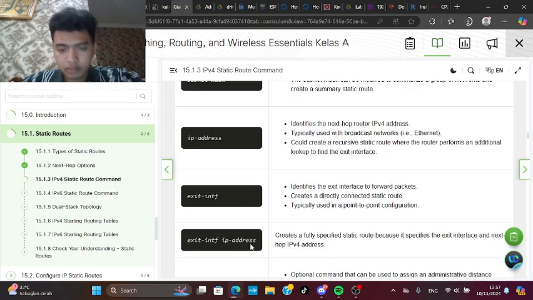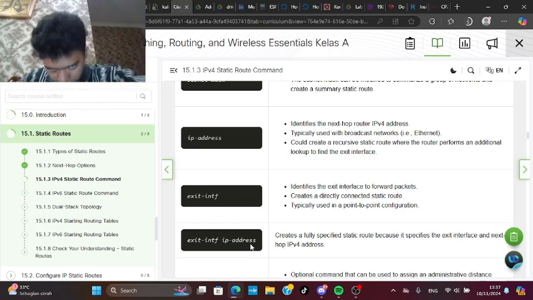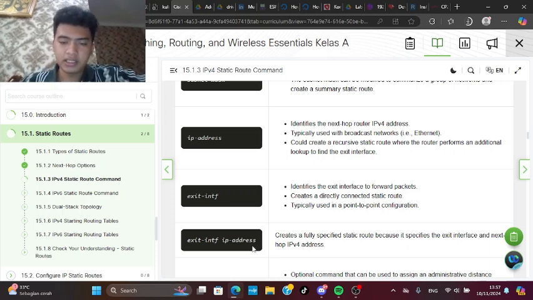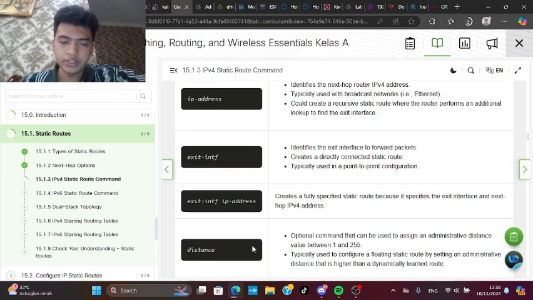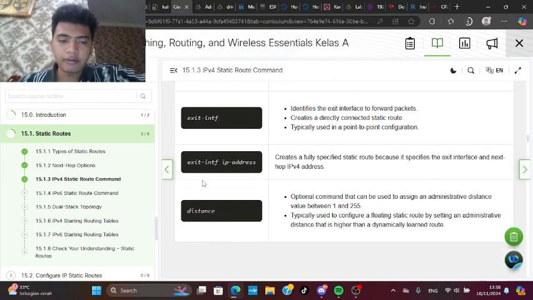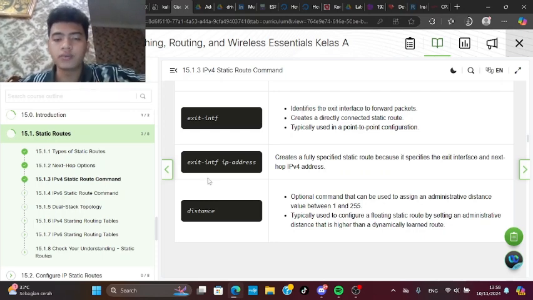The exit interface identifies the exit interface to forward the packets and creates a directly connected static route. The last is typically used in a point-to-point configuration. Using both the exit interface and IP address creates a fully specified static route because it specifies the exit interface and the next hop IP version 4 address.